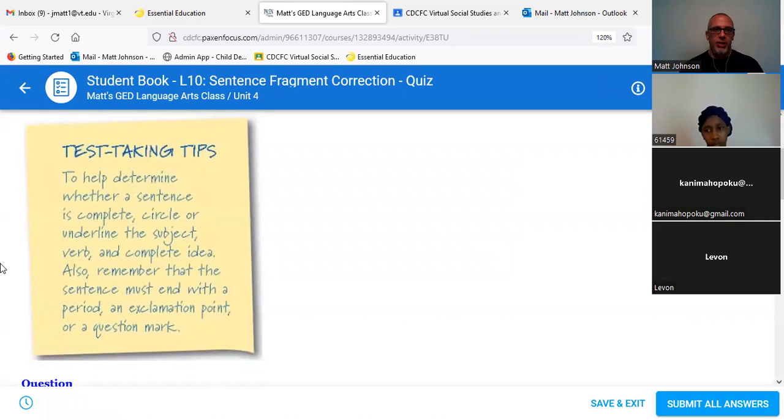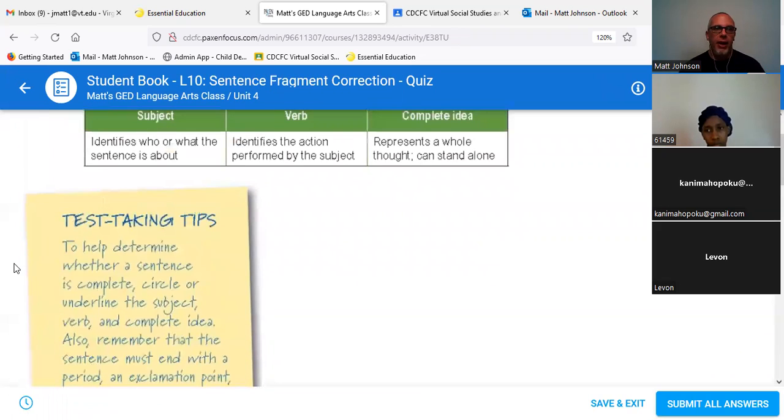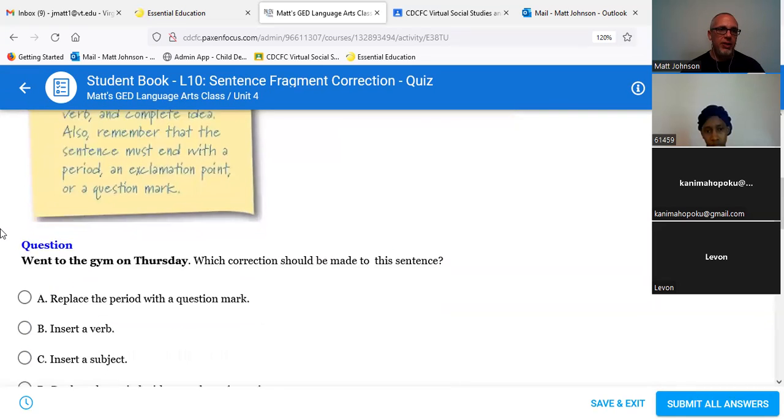What they're saying there is diagramming the sentence, right? It doesn't have to necessarily be circling or underlining, but if you're having trouble looking at a sentence, break it down into those ideas and physically put an S above the subject, put a V above the verb, or whatever you want to do to help you identify those parts of speech.